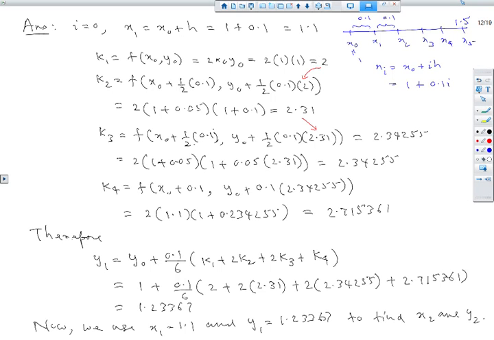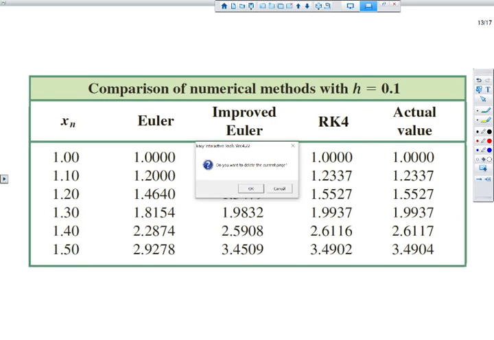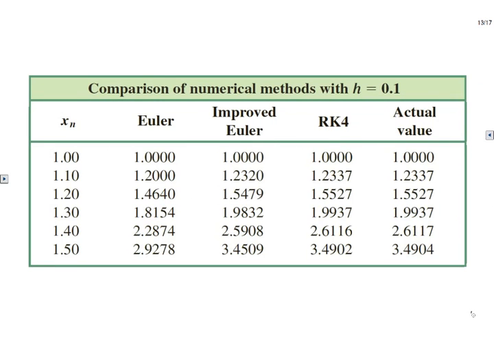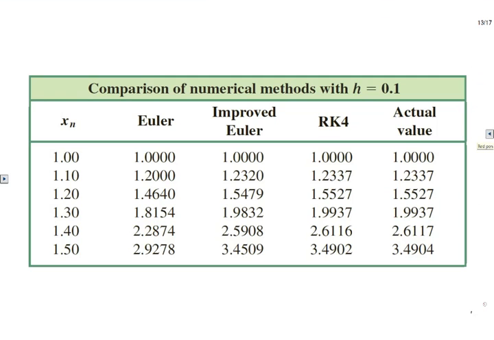Okay, so these are the next few calculations, and this is what we got.